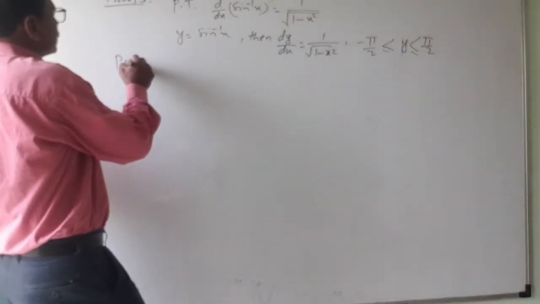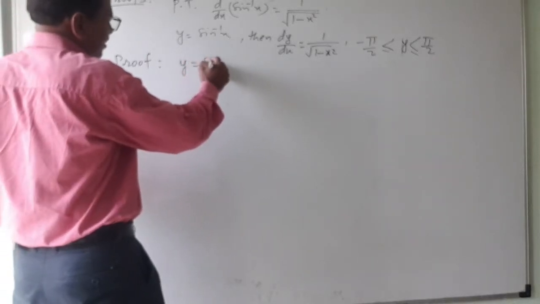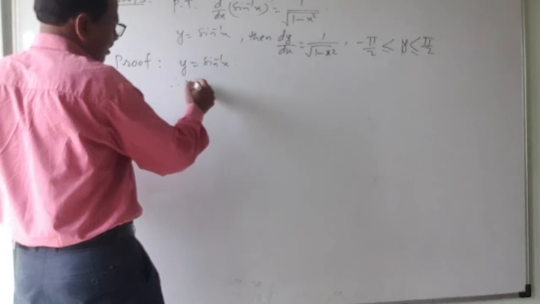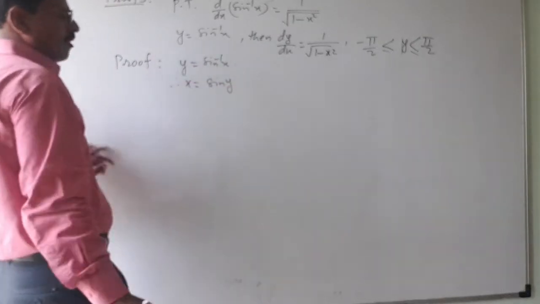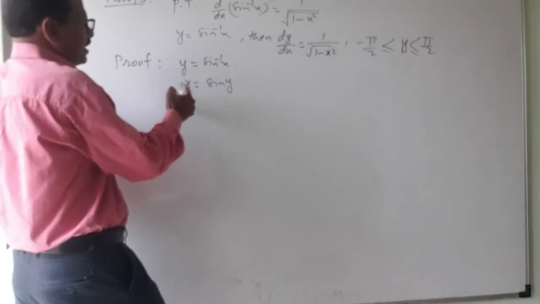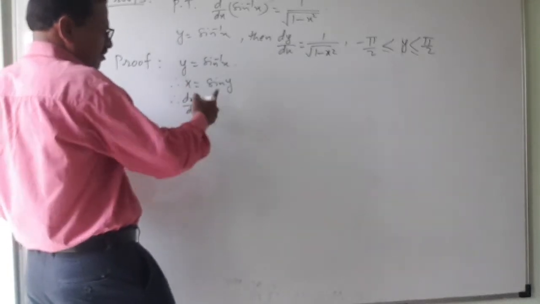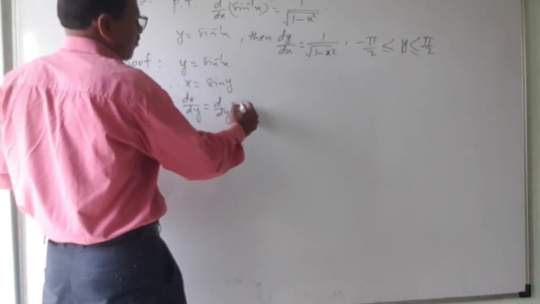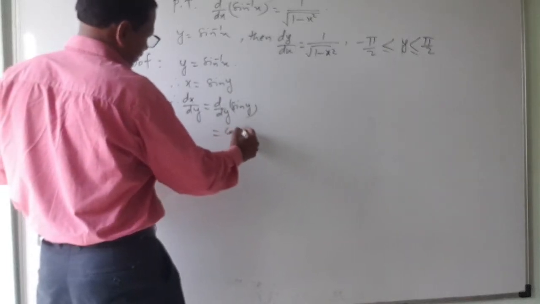Proof: y is equal to sine inverse x, therefore x is equal to sine of y. That definition you know. Therefore dx by dy is equal to d by dy of sine y, and that is equal to cos of y.